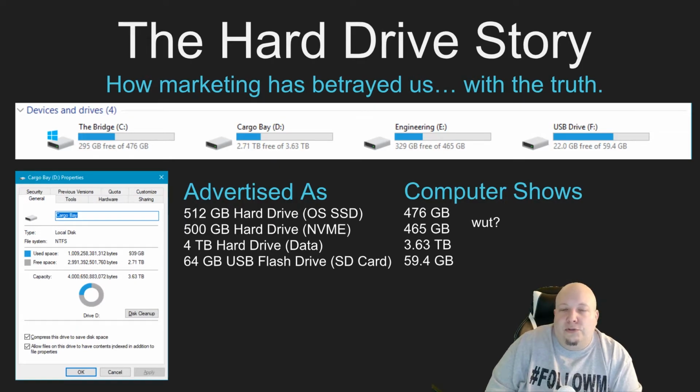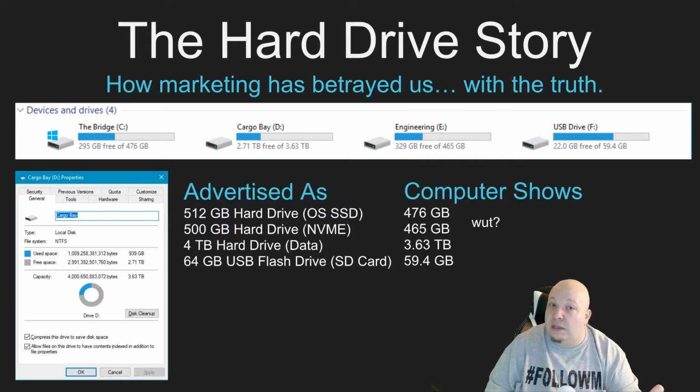And to sort of trick us, a 4 terabyte hard drive refers to 4 trillion bytes of data, which is technically correct, because 4 trillion bytes in the power of 10 is actually correct in saying that that's 4 terabytes, right?